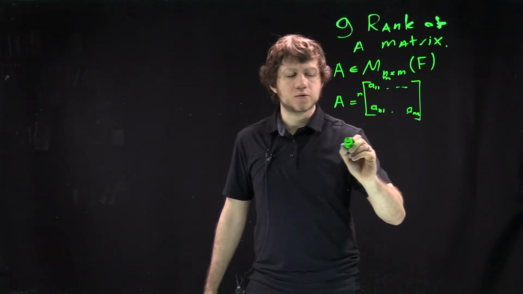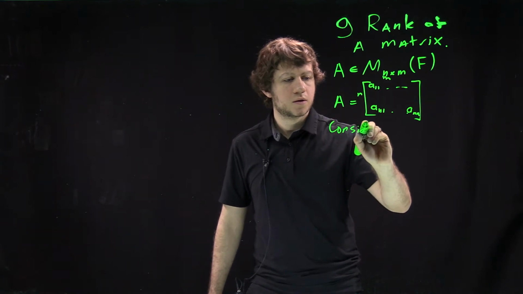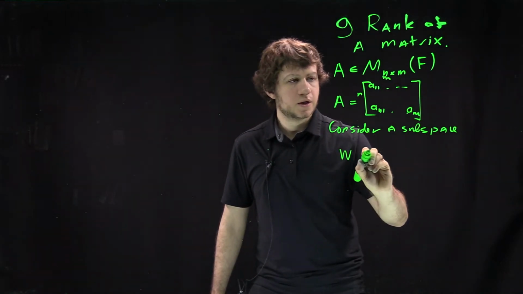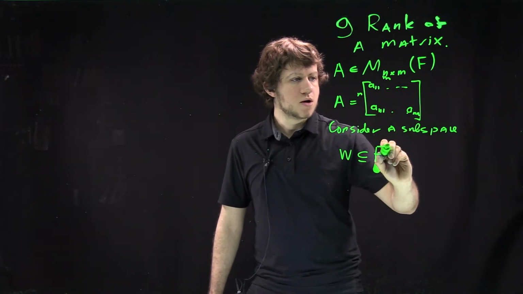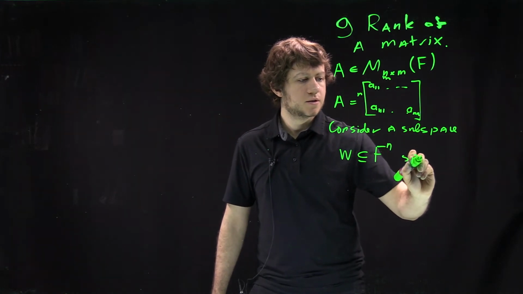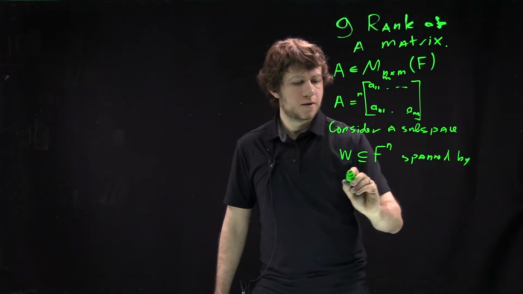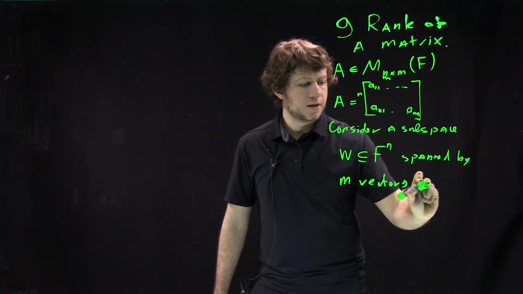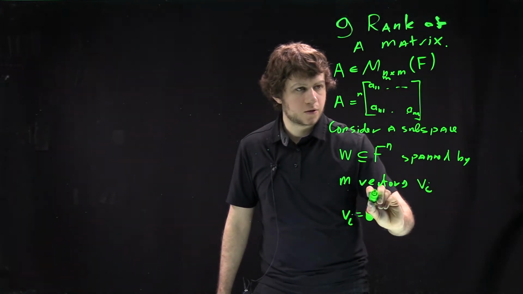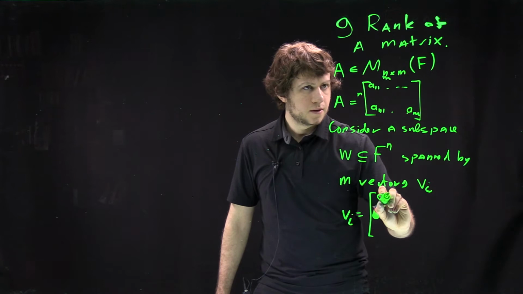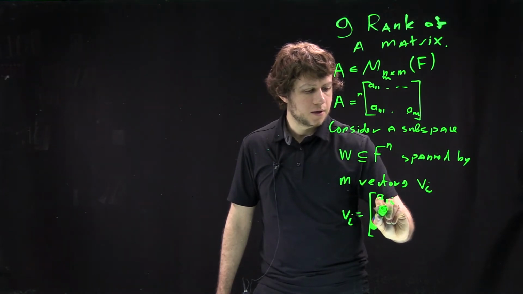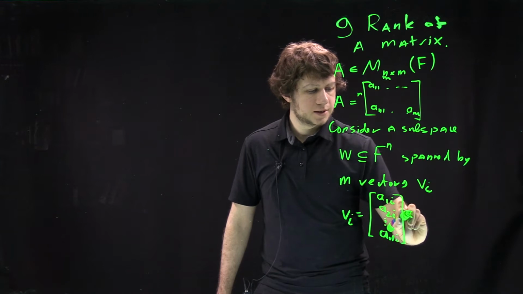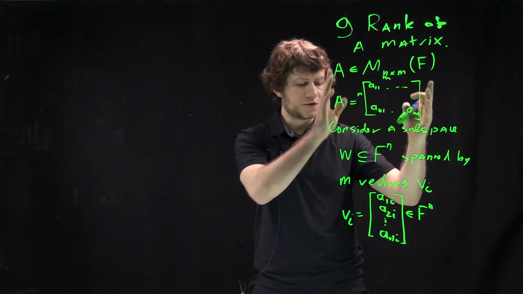Then one can consider a subspace W inside F^n spanned by m vectors vi, where vi is the column vector a1i, a2i up to ani inside F^n. So that's a column vector, one of the columns of the matrix.